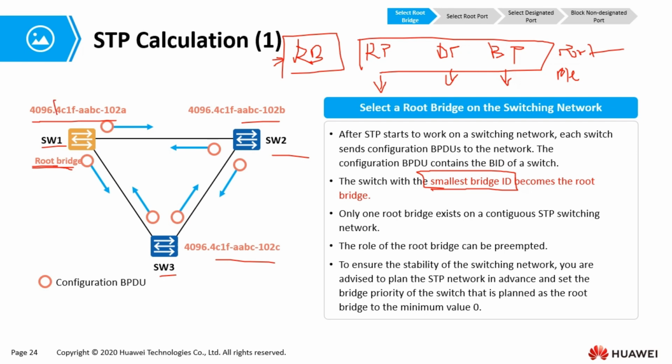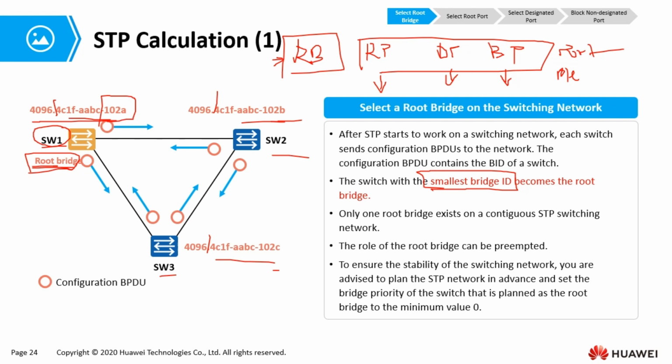The priority is 4096 for all three, so they are the same. Then we compare the second part of the bridge ID, which is the MAC address. Here, 2A is the smallest compared to 2B and 2C. So switch 1 will become the root bridge in this network.